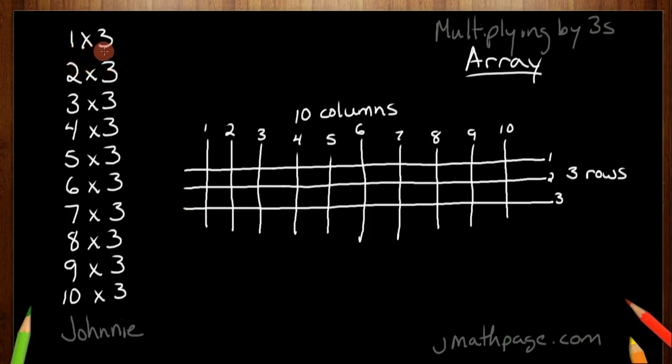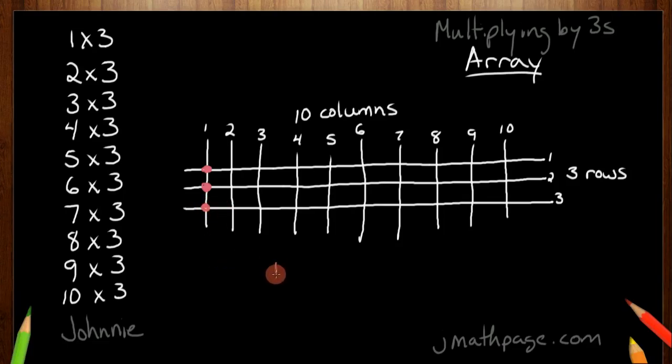1 times 3. If I'm thinking about it in terms of columns and rows, I want to think about 1 column and 3 rows. So what I want to do is I want to mark that somehow. So let me go ahead and mark it, okay? So 1 column, 3 rows. 1 column intersects at 1 row, 2 rows, 3 rows.